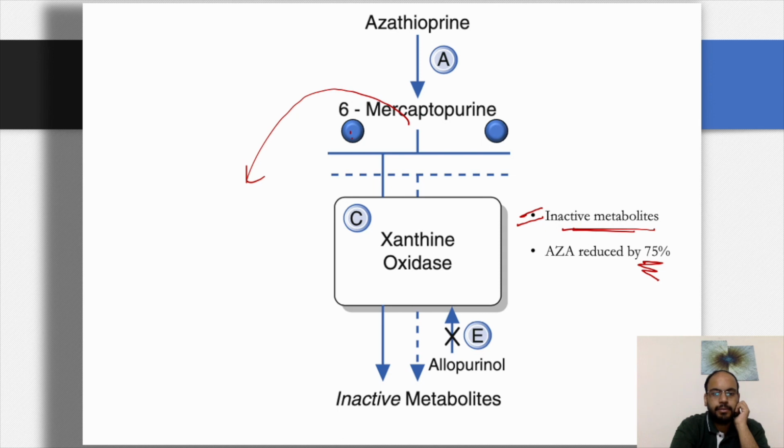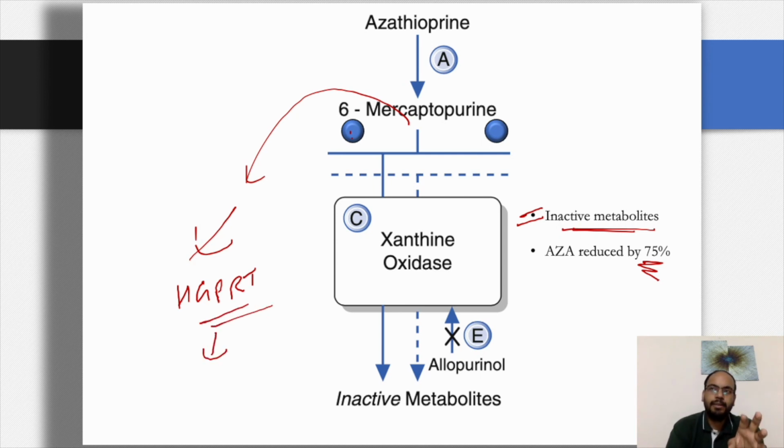So decrease the dose of azathioprine so that you do not land up in dose-related myelosuppression. Just a side note that HGPRT mutation is seen in Lesch-Nyhan syndrome, which is characterized by self-mutilation and self-harm behavior. And if HGPRT is not working, then most of the azathioprine you give is converted into inactive metabolites. So of course you need to know about all this.